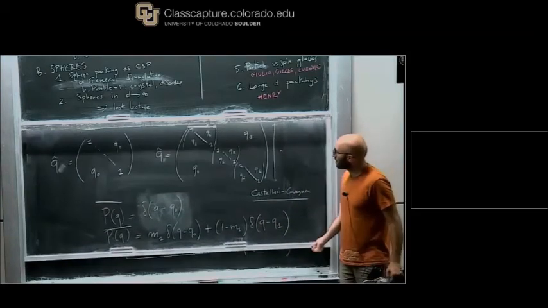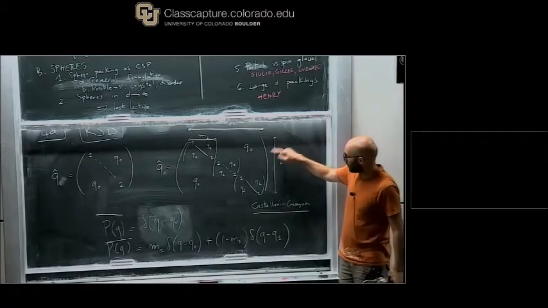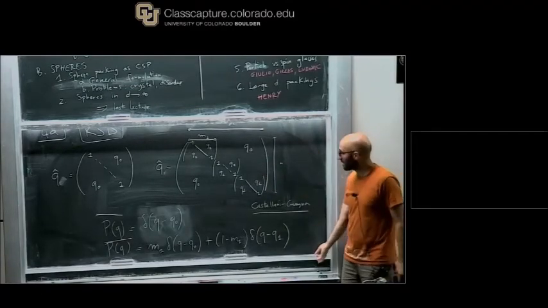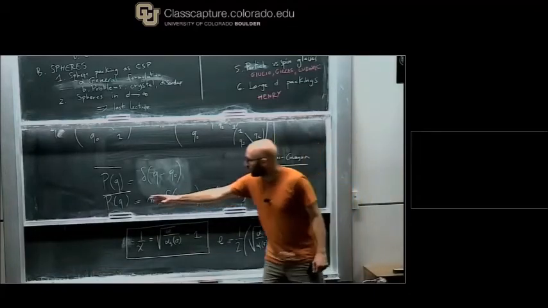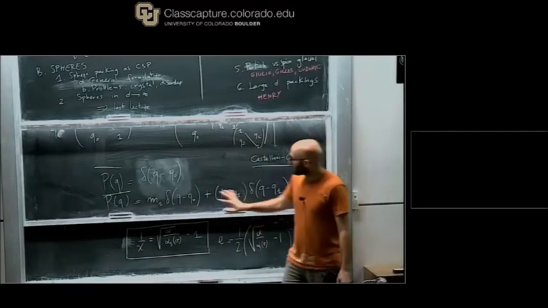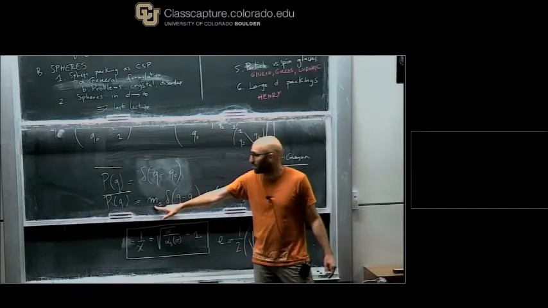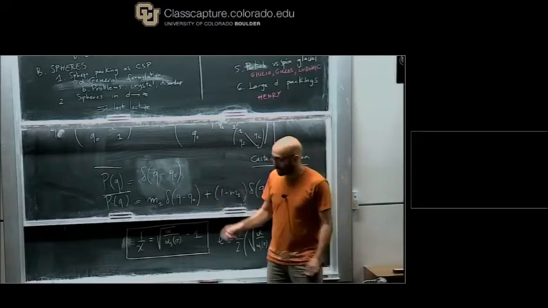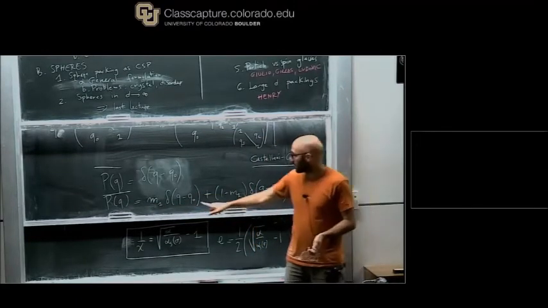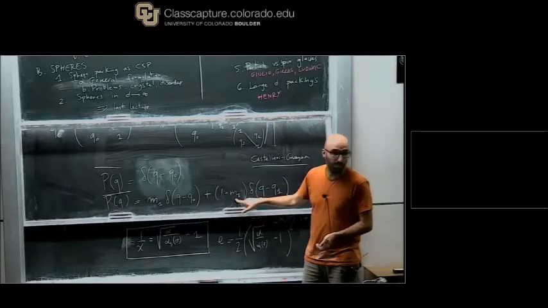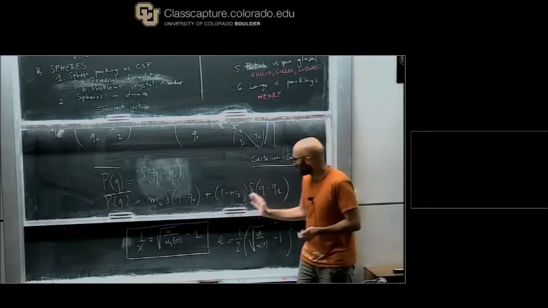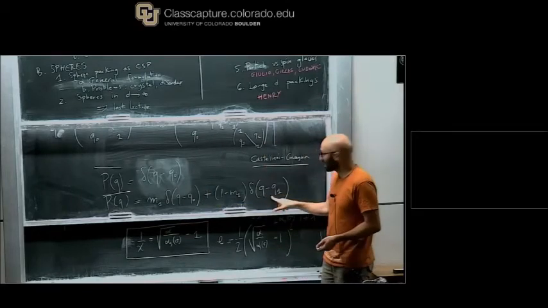This form is called one-step replica symmetry breaking, and it is equivalent to saying that the P of q has, with some probability m1, the two replicas at distance q0, and with some other probability, which is 1 minus m1, they are at distance q1.